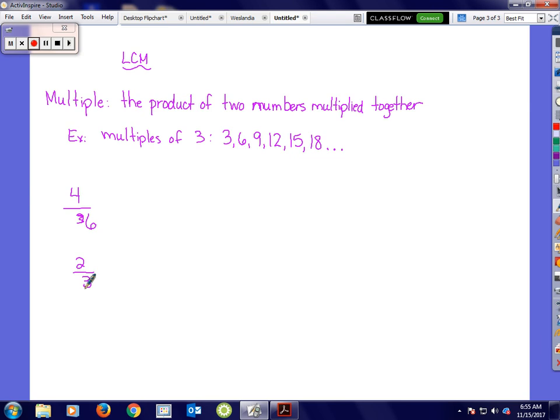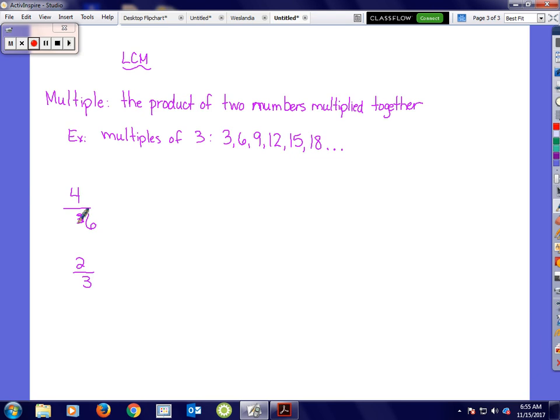Now I'm looking for my least common multiple. With the factors, we wanted the greatest common factor. With the multiples, we want the least because we want to work with those smaller numbers. If you pick a multiple that's common in both of them, it'll work, but you're going to be working with bigger numbers. So the least means smaller numbers.